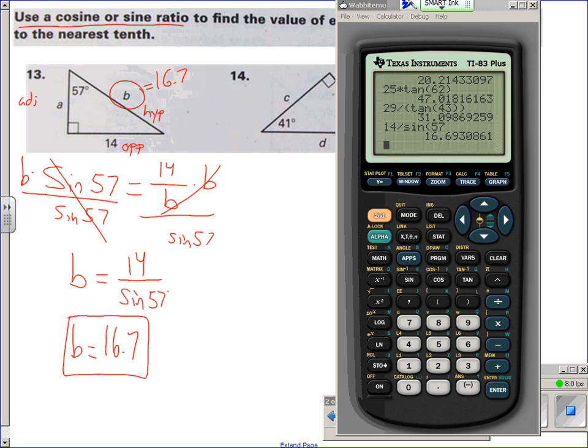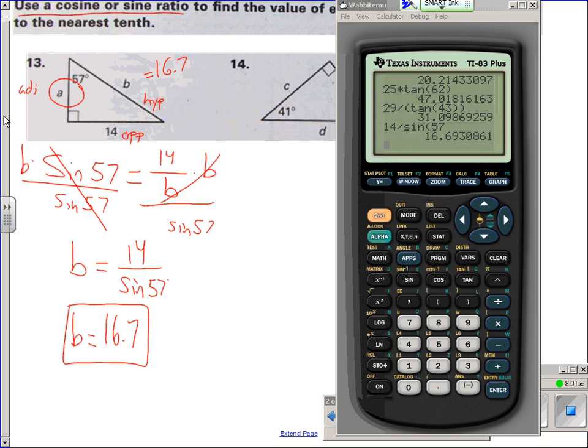To solve for side A, now that we know the hypotenuse, let's use the cosine function. All right? Side A is still the adjacent side, but now we know the hypotenuse. So the cosine of 57 degrees equals the adjacent side A over the hypotenuse, we said was 16.7.